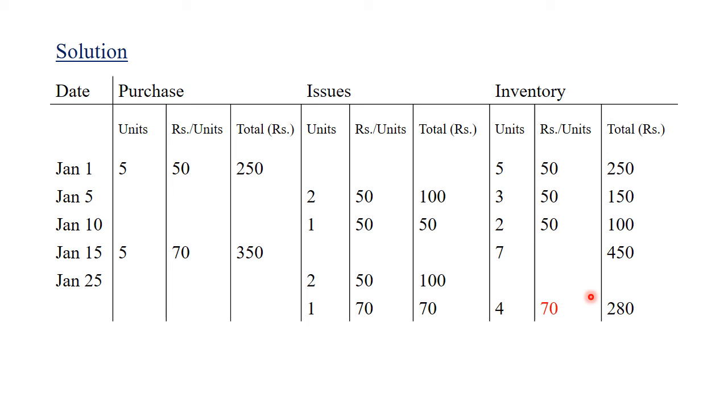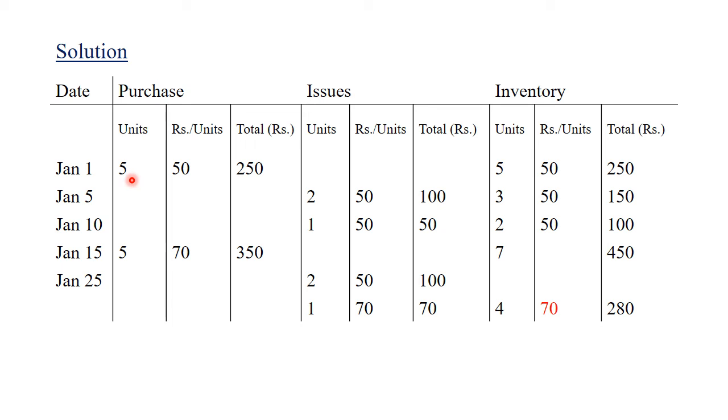Firstly, to solve this problem, we have to prepare a 3-column table, that is, purchases, issues and inventory, and for the purchases in detail we need units, then rupees per unit, and the total value of the purchases. Similarly for issues and inventory. So we'll start from the month of January, right?